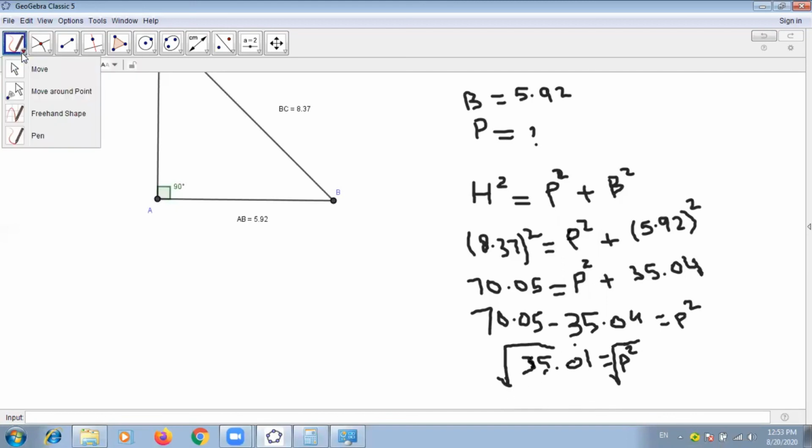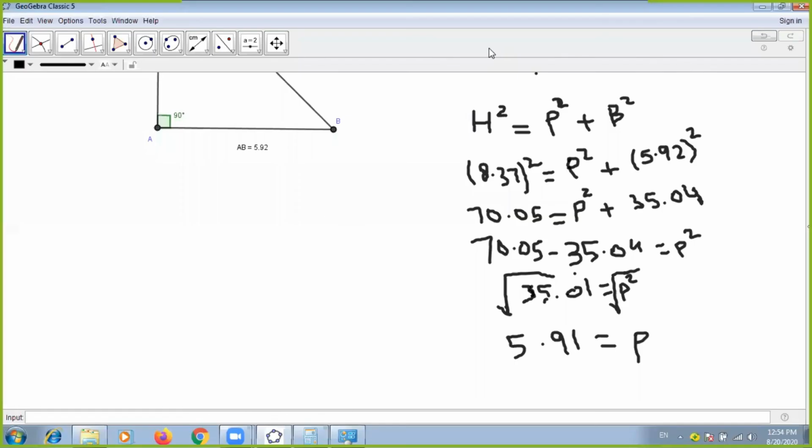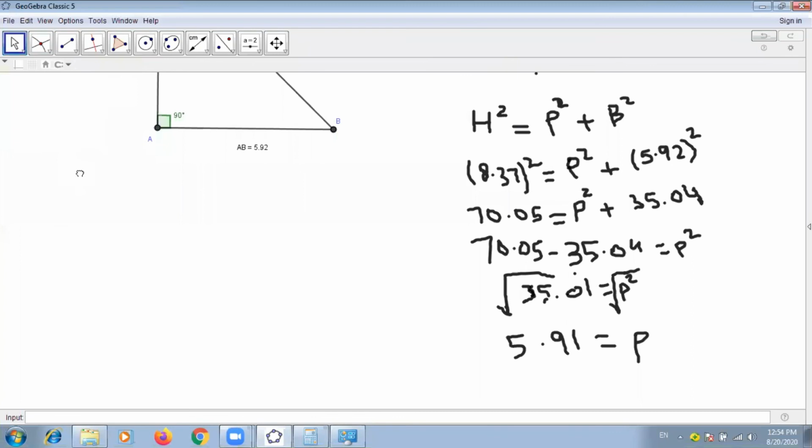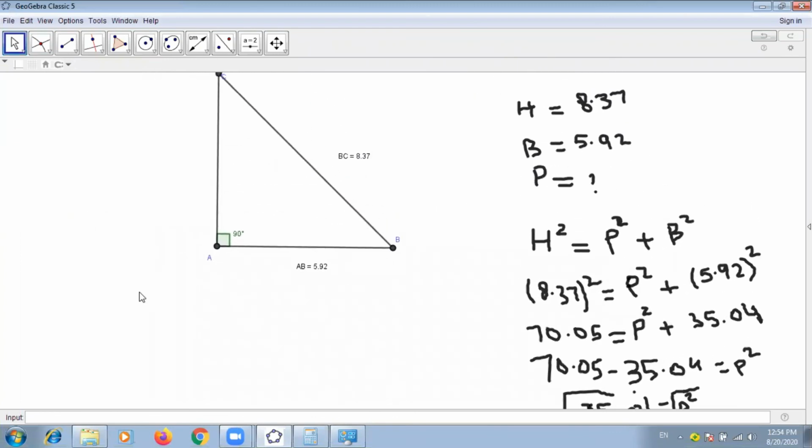The square root of 35.01 is 5.91, and that is the value of the perpendicular. So in this way, we can find the value of any missing side of a right angle triangle using the Pythagoras theorem. Now we solve another question.